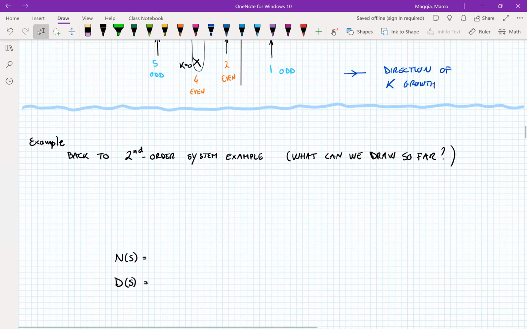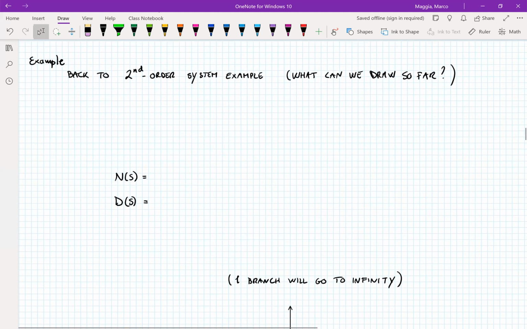All right, so now let's take a look at a couple of examples, starting once again from a second order system. And let's apply all steps from 1 to 5. Well, for the second order system, we've already seen step number 1. As a matter of fact, we already know the final answer, but let's now go step by step and do it a little bit more methodically.